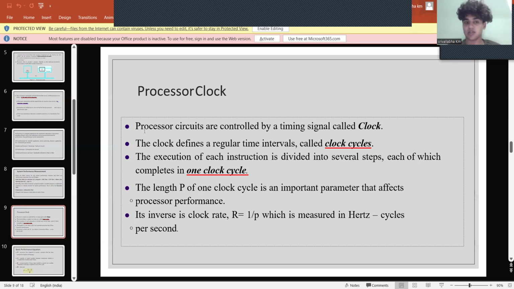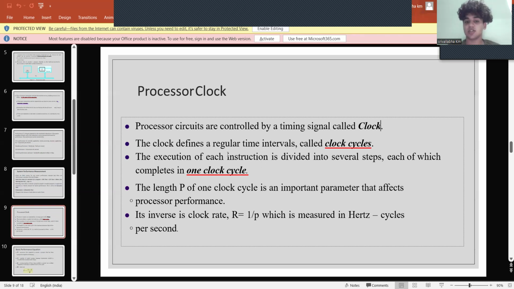Clock, you should remember it correctly, because it's important. You should not confuse clock. The circuits of the processor are controlled by the timing signal called clock, and the regular time intervals which a clock defines are called clock cycles.